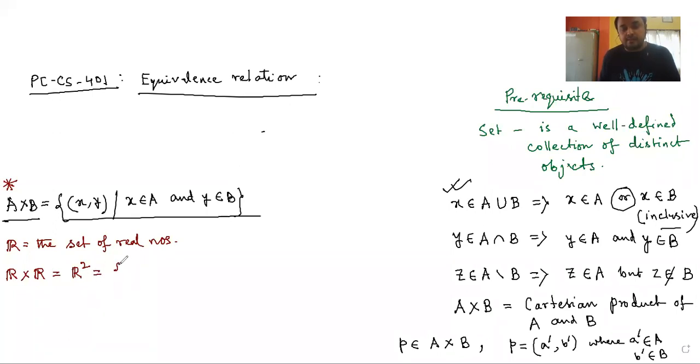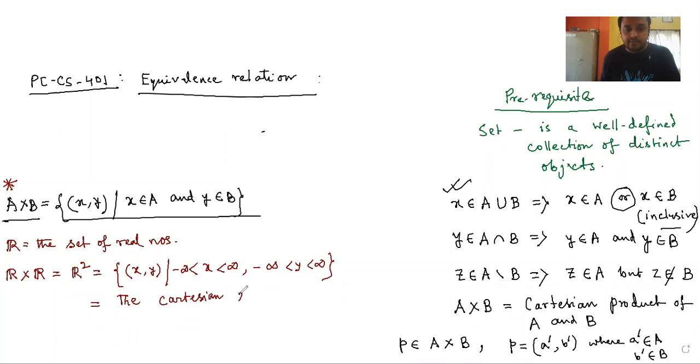So what does it mean? It means that it contains all the ordered pairs where x is lying between minus infinity and plus infinity, that is the real line, and y is also lying between minus infinity and plus infinity, that is the real line. So if we want to geometrically identify what sort of set this R cross R is, we will see that it is nothing but the entire Cartesian two-dimensional coordinate plane.